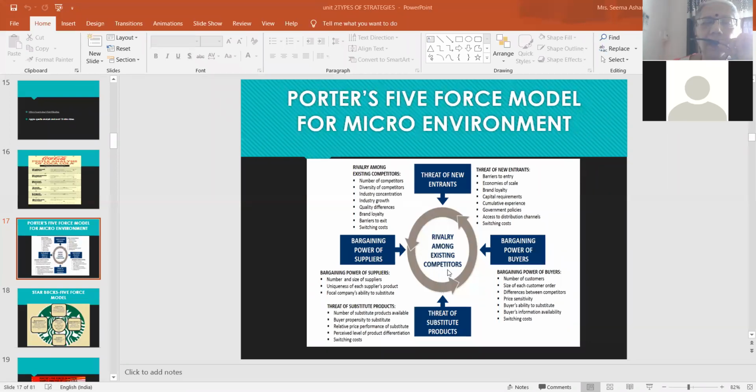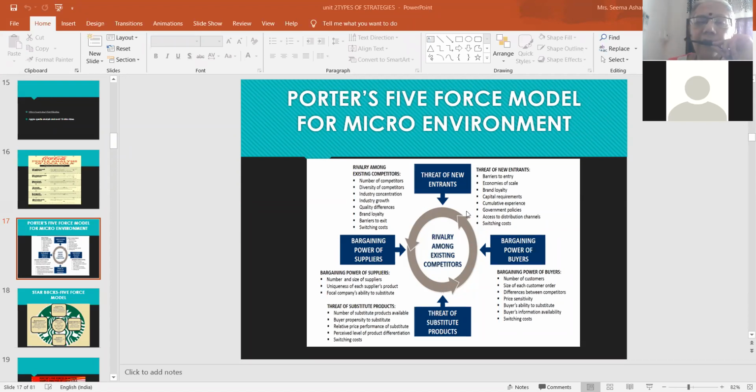For example, if I look at one factor like threat of new entrants, if you are into a business where new entrants can easily enter, new entrants don't find it difficult to enter the business, then you will have to formulate strategies accordingly. If you have a product which can easily be substituted by some other product, again your strategies will have to be formulated keeping that in mind, and so on.